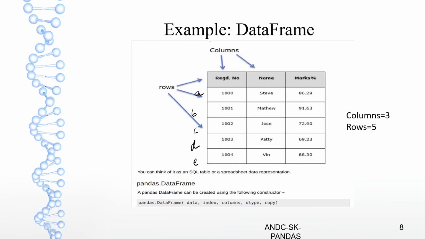While creating a data frame, you can specify different arguments, and usually we work with 2 commonly used arguments, that is data and column name. These are the 2 commonly used arguments which we may set at the time of creating the data frame, and the rest you will learn as you start working on data frames.